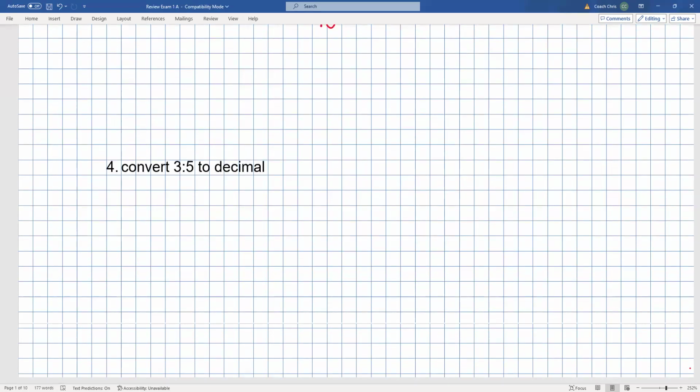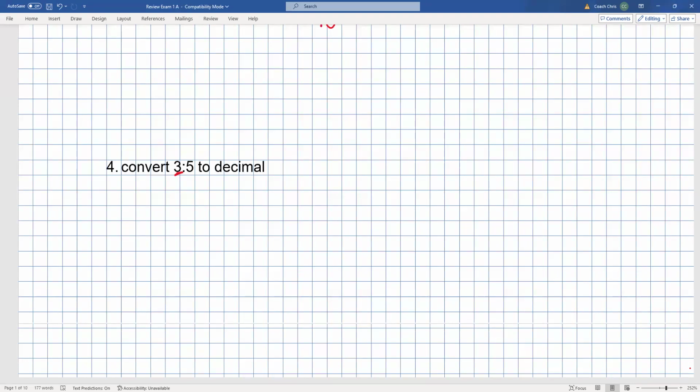Once again, here you have an example of a ratio. How do you convert a ratio to a decimal? Once again, the same question applies: how do you convert a fraction to a decimal? Regardless of whether you have a ratio or a fraction, to convert to a decimal you have to divide the first number by the second number. So you divide the numerator by the denominator.